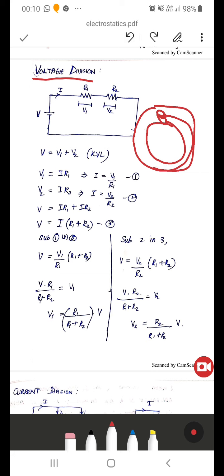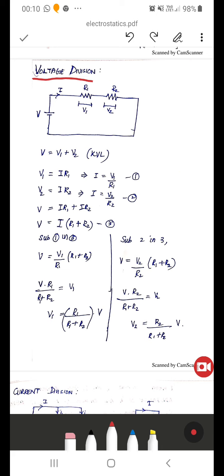Hence the water is assumed to be the current, flowing throughout with the same speed.